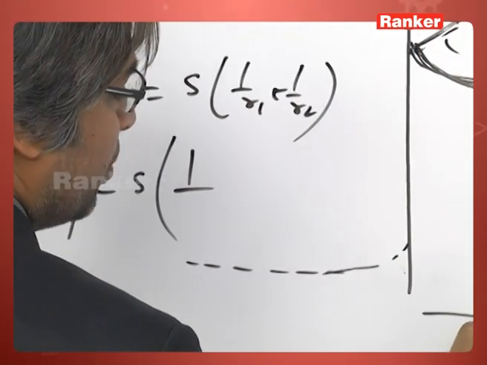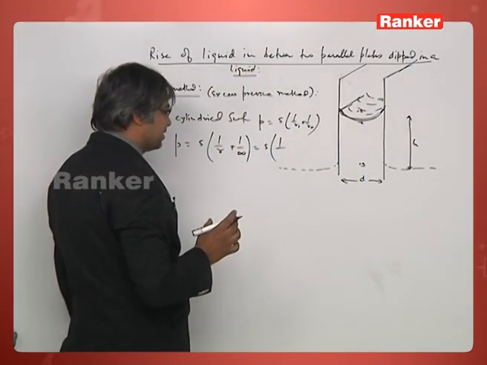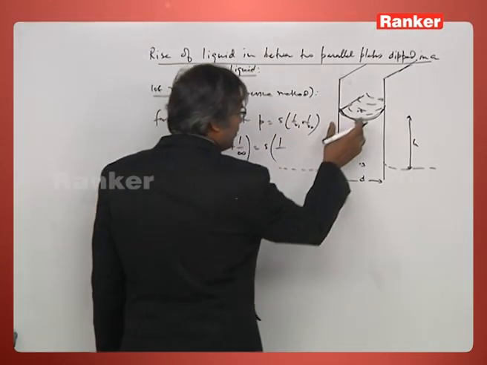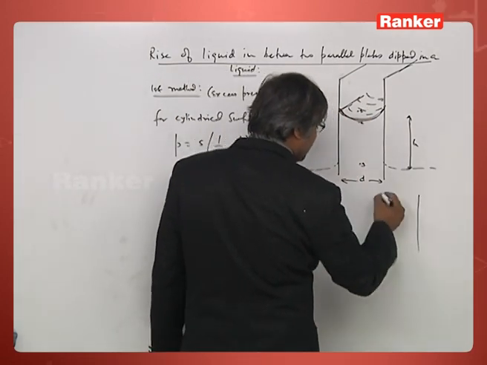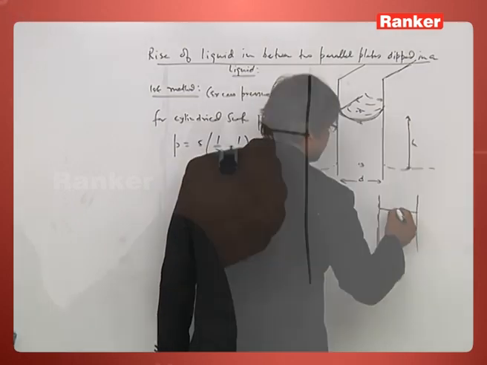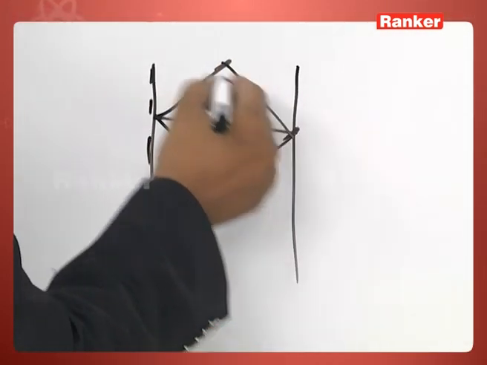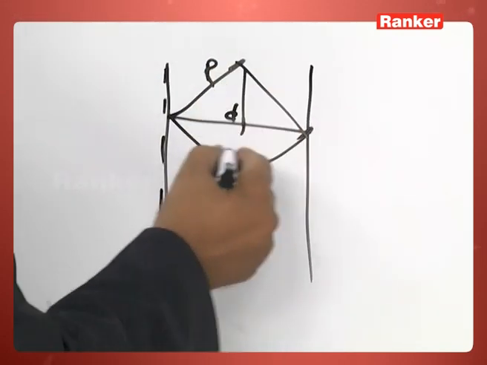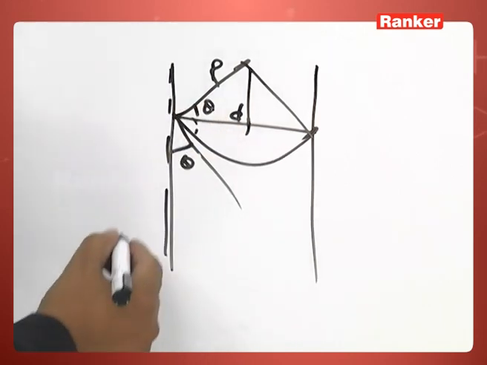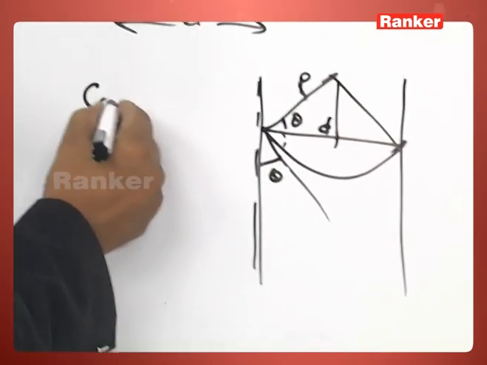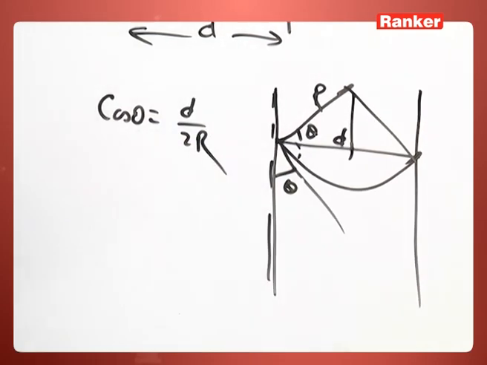Now, suppose I assume that the distance between the plates is D, then what will happen? Here, these are the two plates, this is the distance between them, and this is the meniscus. You see this is R and this angle is theta. So, this is 90, and this angle is theta. So, we have cos theta as D by 2R.